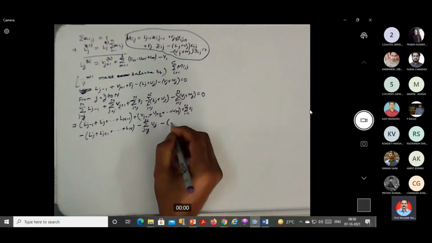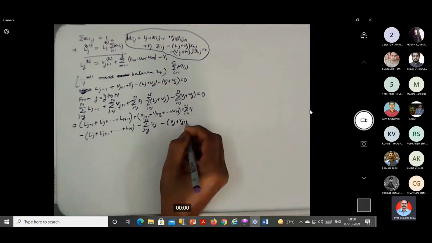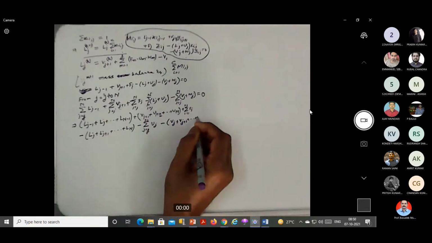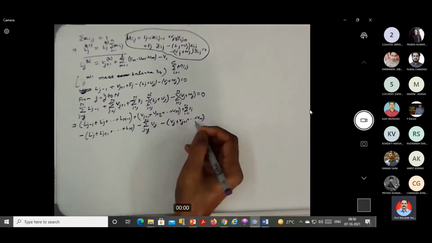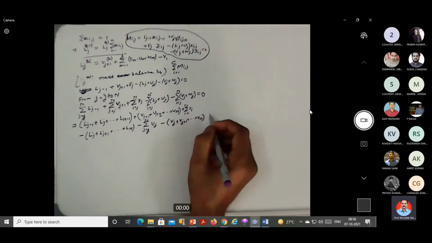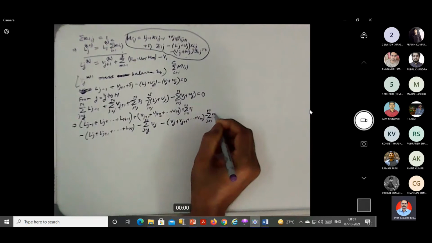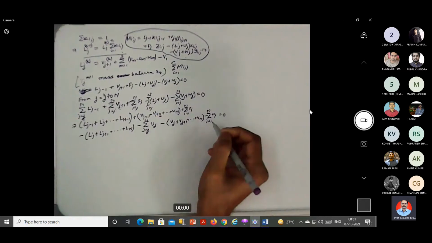That gives us Vj plus 1 plus it goes up to Vn. Then we have the Wj term. Let us keep it as it is, j equal to 1 to n, Wj. So this is equal to 0.